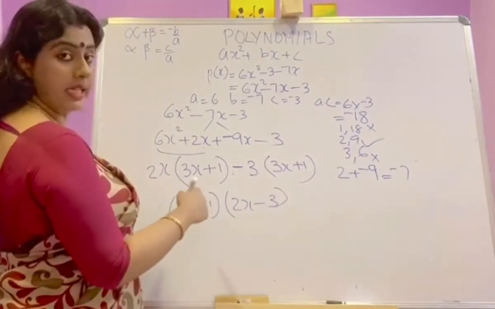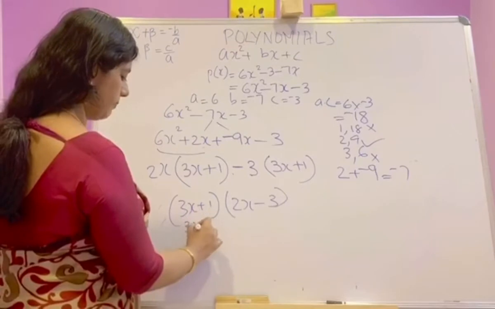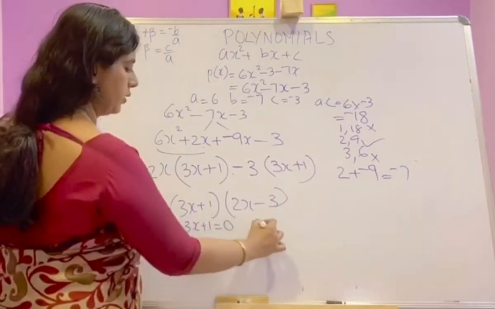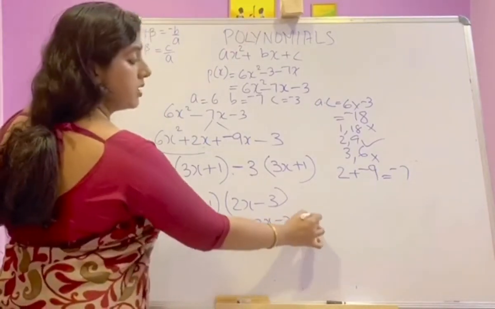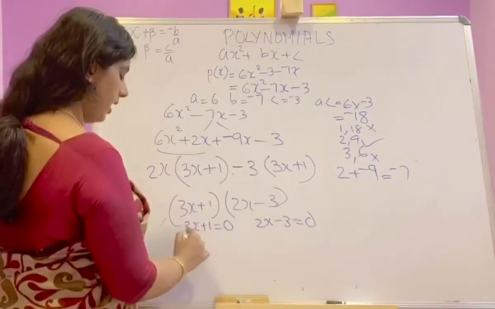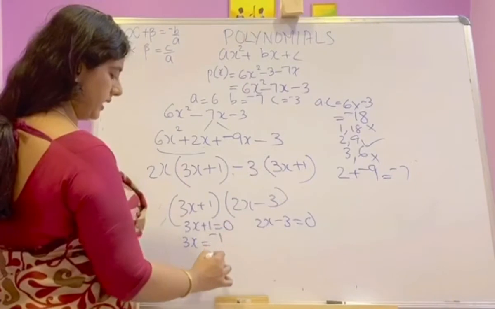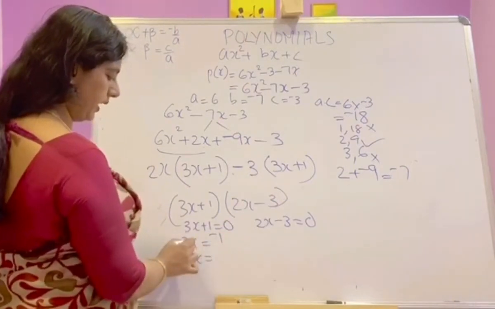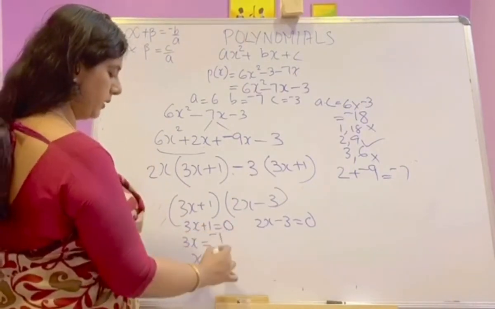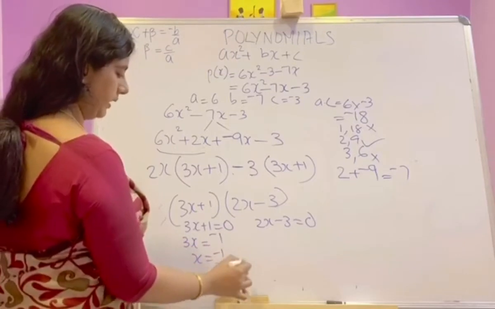Now equate each to 0. 3x plus 1 is equal to 0 and 2x minus 3 equal to 0. Now 3x is equal to plus 1 going to RHS becomes negative 1. x is equal to negative 1 by 3, as the product goes to the denominator.